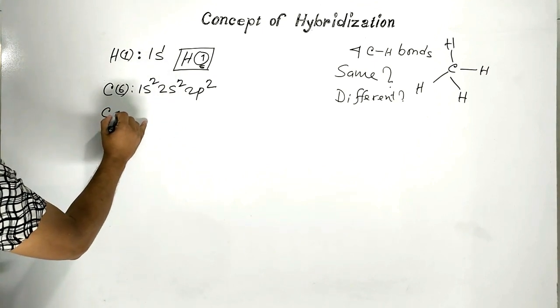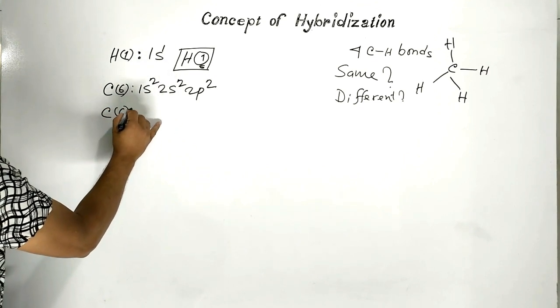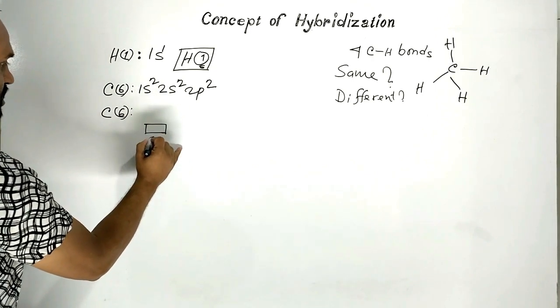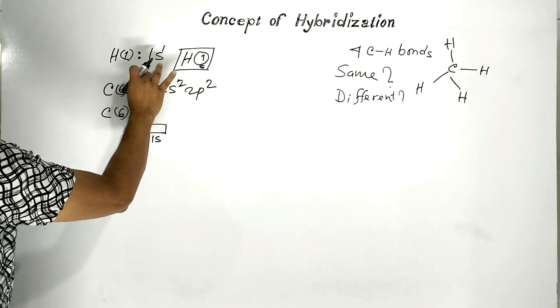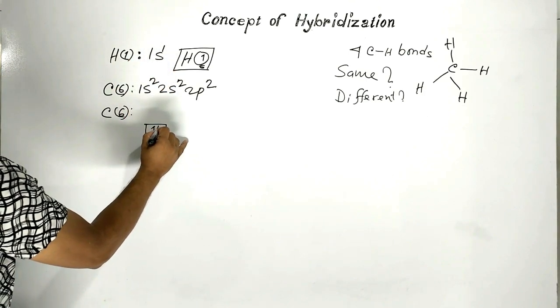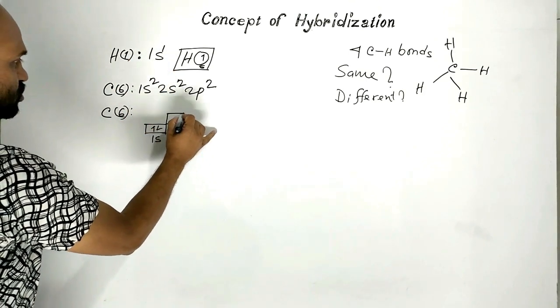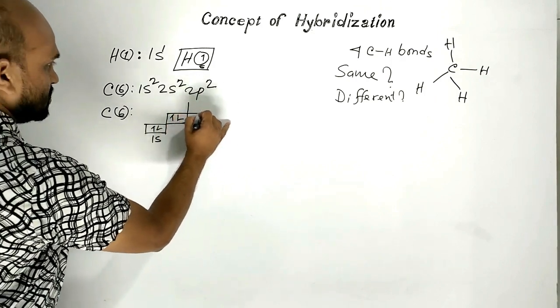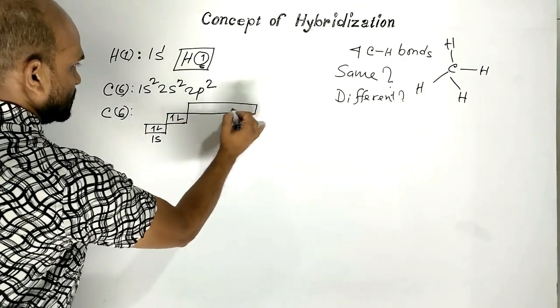Let's write it in the box method. 1s contains 2 electrons. Then 2s, 2 electrons. Then 2p.